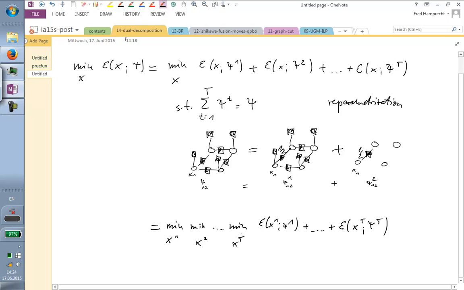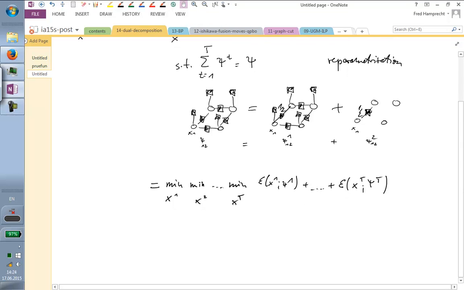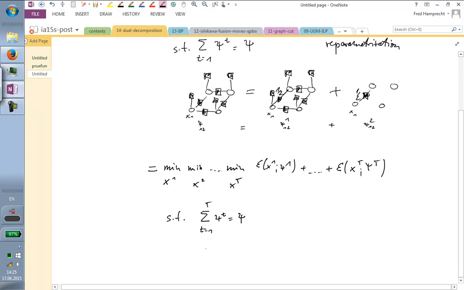Because now I admit to use different labelings for my different subproblems so long as they agree. Okay, so the first condition is again that the potentials must sum up to the original one. And now we have a new condition that my complete labeling of the problem x1 should be the complete labeling of the problem x2.